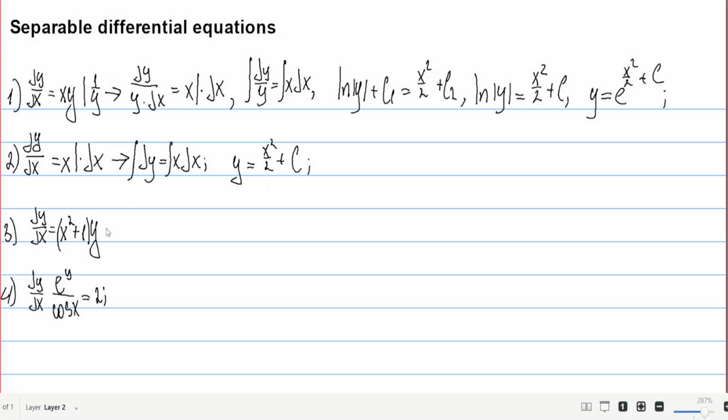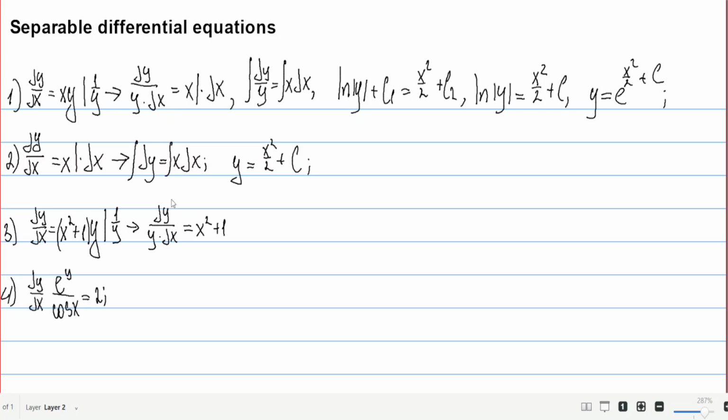Now let's get down to the next one, and this one seems to be a little bit more complicated. However, it's not so. Let's try to apply the same logic here. So let's, again, divide both sides by y, times 1 over y. And we'll have dy over y times dx is equal to x squared plus 1.